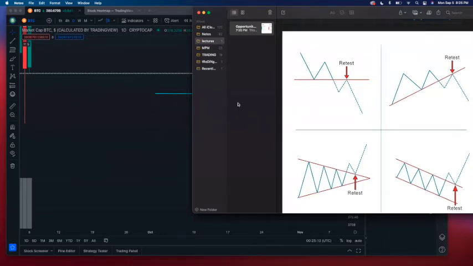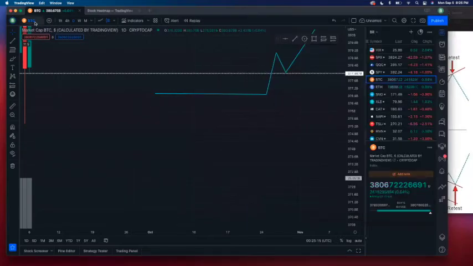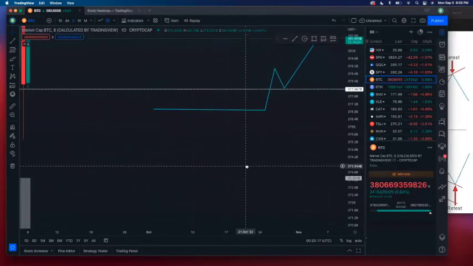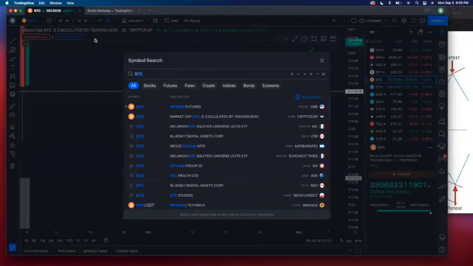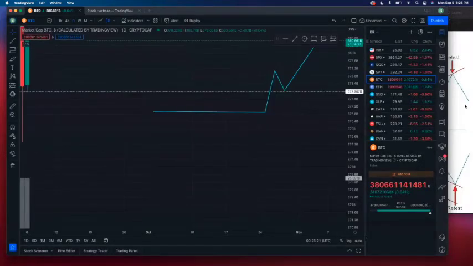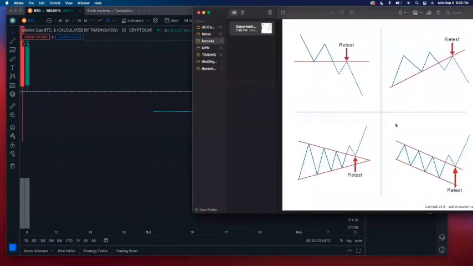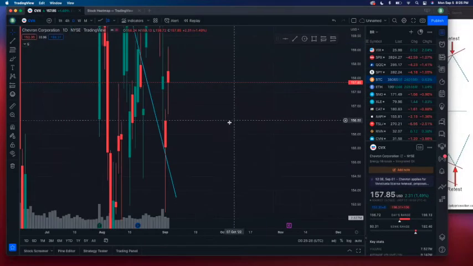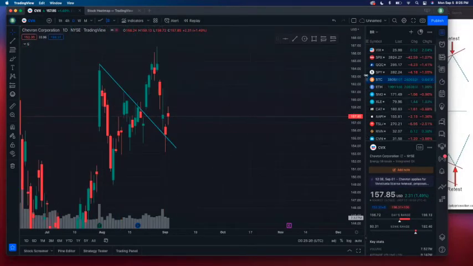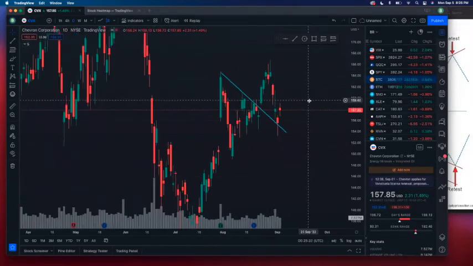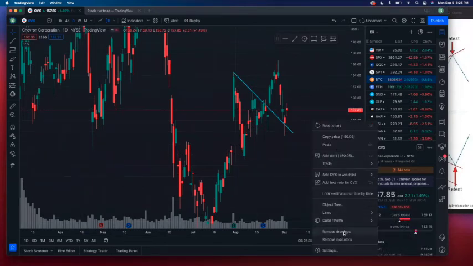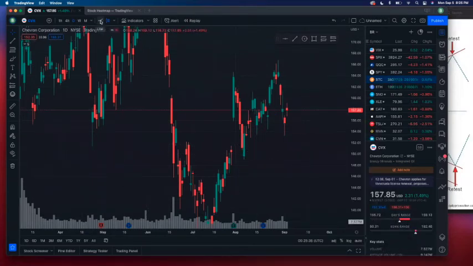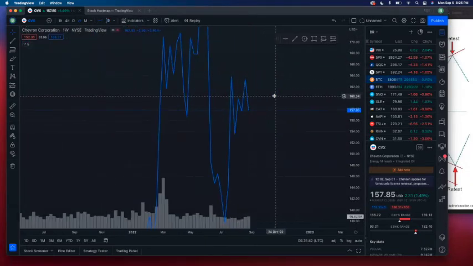So if you guys took, what's a good example? CDX. Okay, with CDX, we had a break and retest on this here.